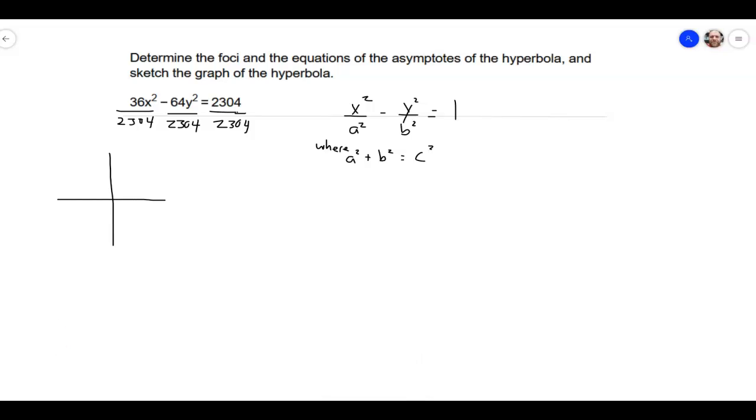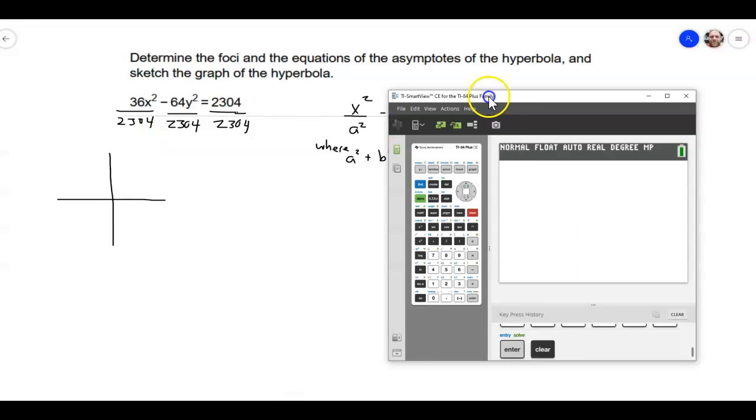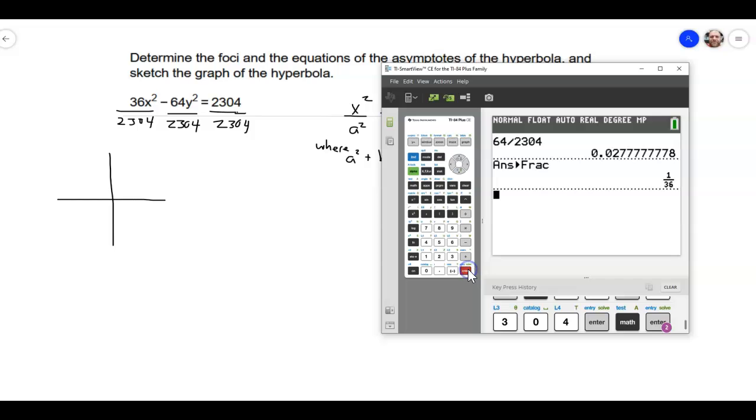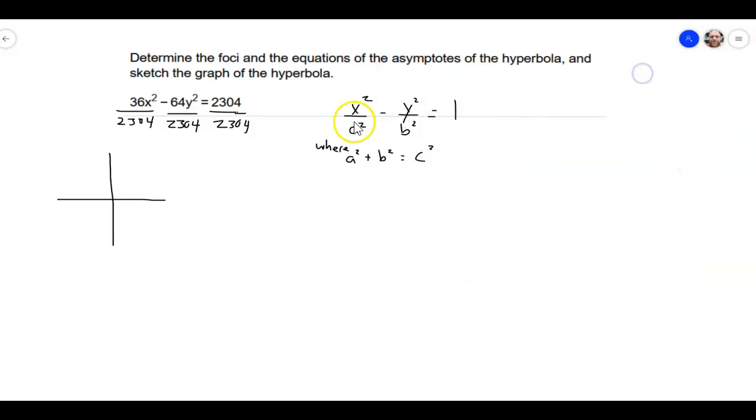So this is going to be 1 here, but the other one is 64 divided by 2304. I get that, which converted to a fraction is 1 over 36.